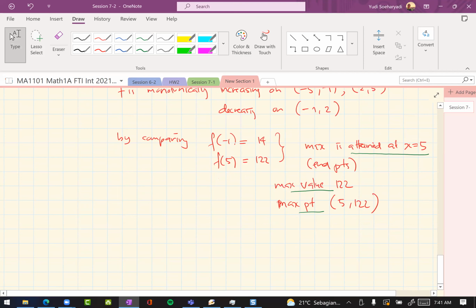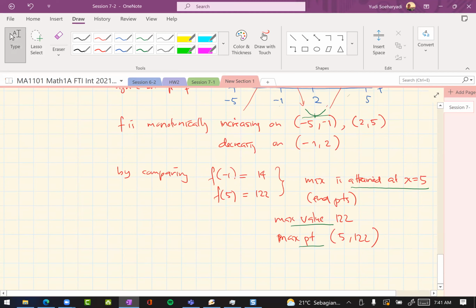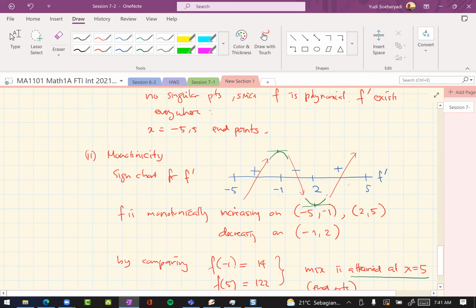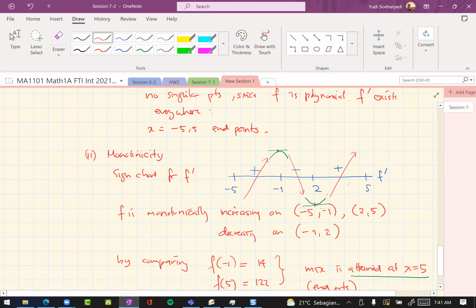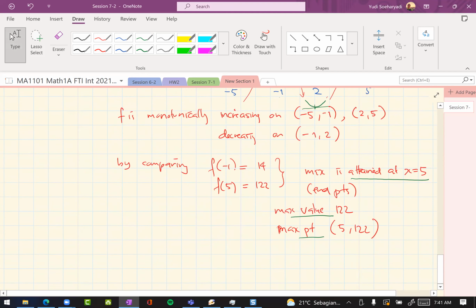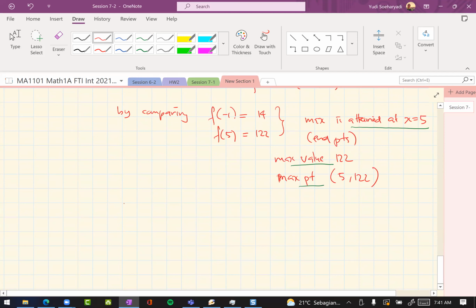And similarly, if you need to find the minimum, you just need to make a comparison between f of 2 and f of -5. Next, to find min.